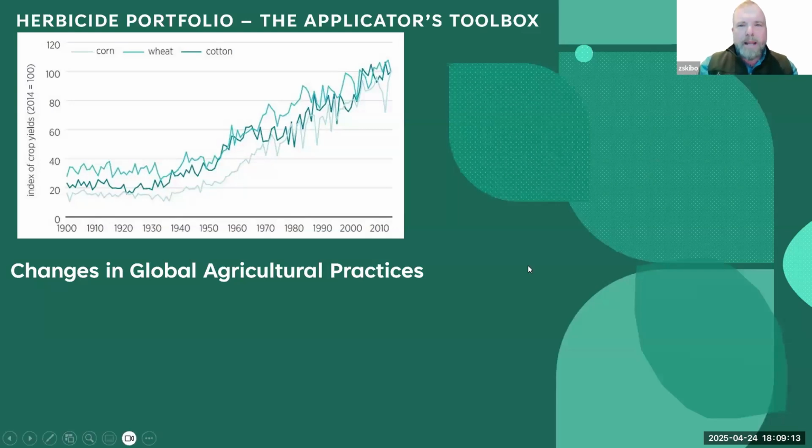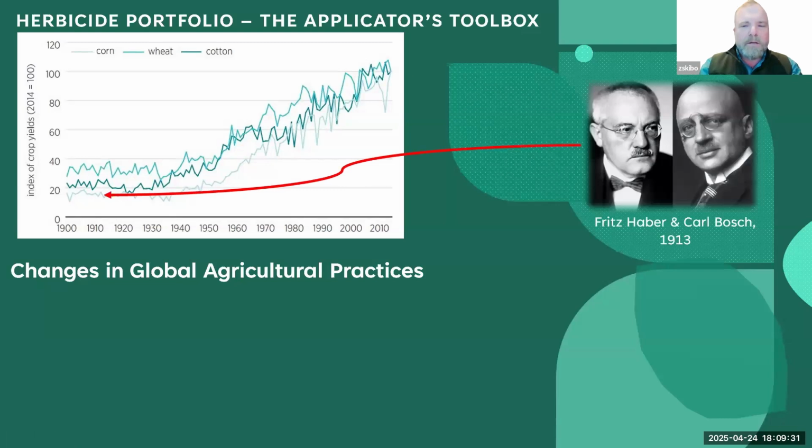So we'll talk about how we arrived at pesticides. The first thing I want to talk about is global agricultural food production from the turn of the century until the early 2010s. And you'll note that it was fairly static up through the 1930s.